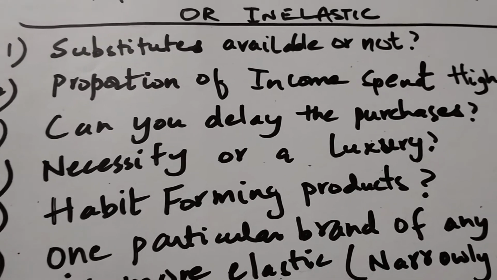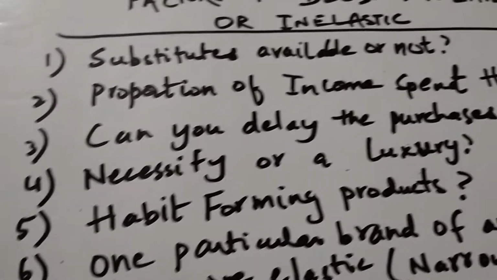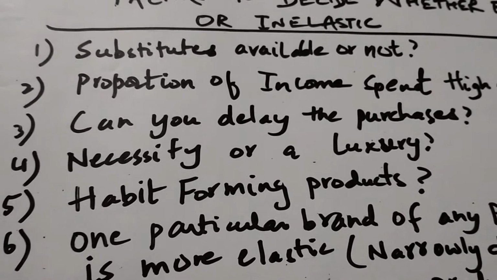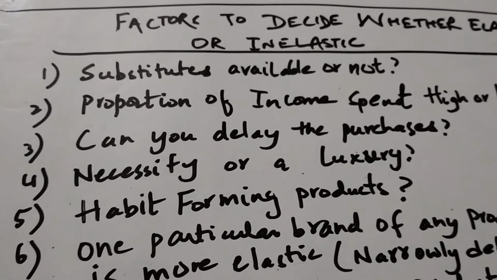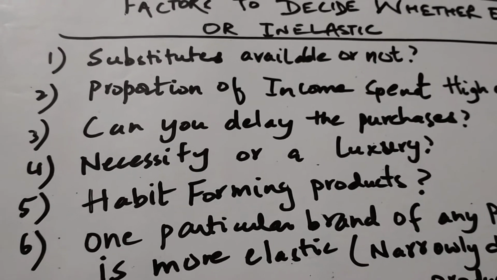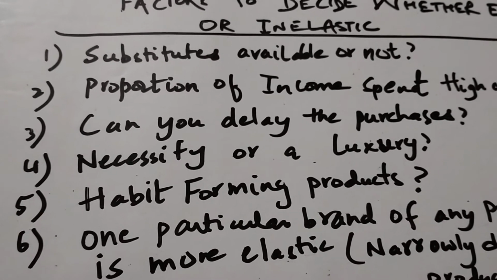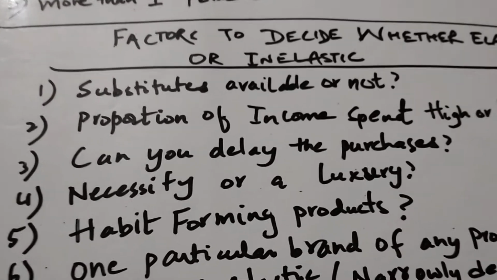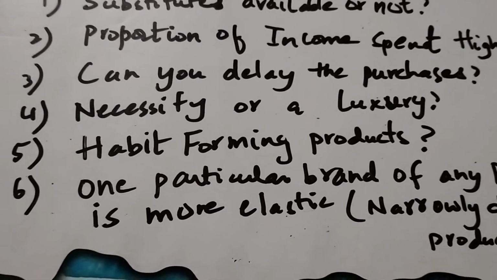Habit forming products, for example cigarettes, alcohol, in some of the economies, will be considered price inelastic, because no matter how much the prices increase, demand will decrease to some extent, but not much. People will still buy it because they are used to it.